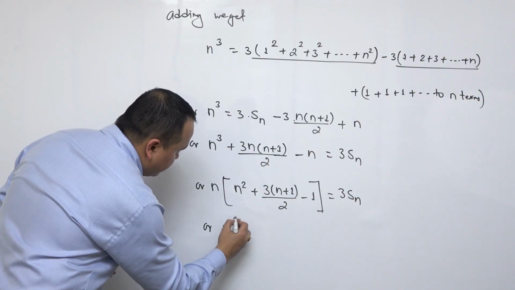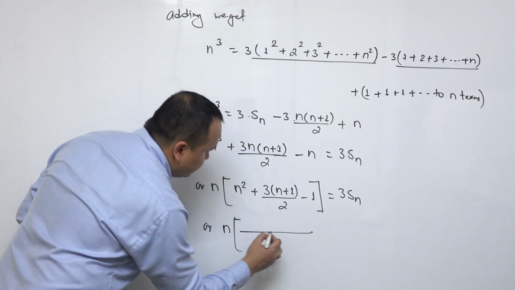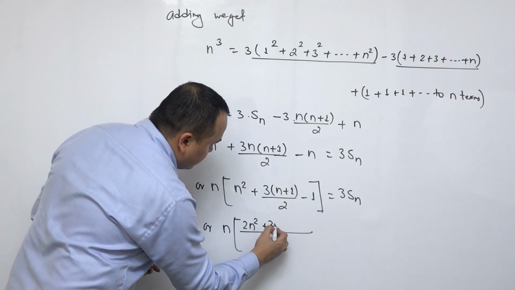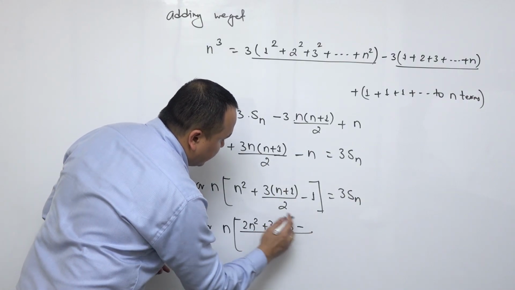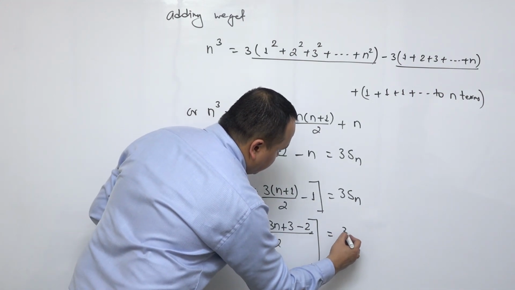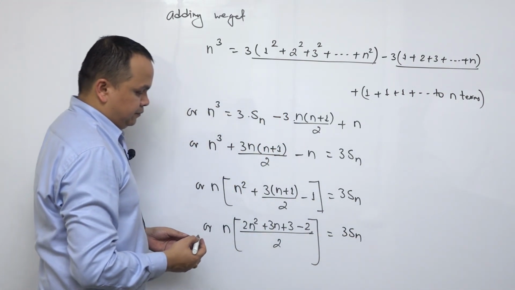Or n, here the LCM is 2, so 2n square plus 3n plus 3 minus 2, is 3Sn.